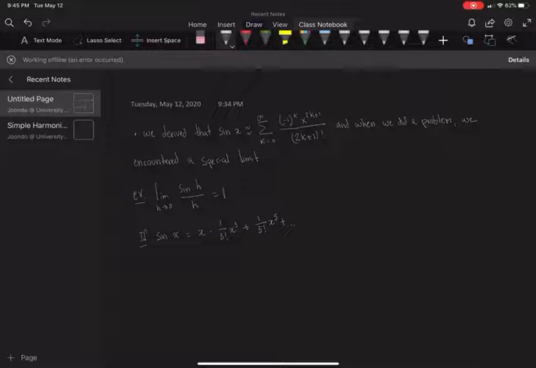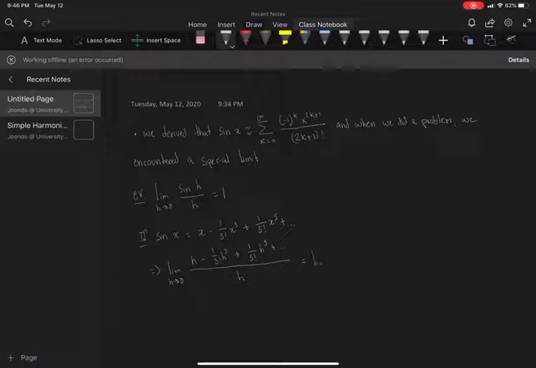Then obviously sine h is going to be just h minus, we replace every x by h, right? So we get the limit as h tends to 0 of h minus 1 over 3 factorial h cubed plus 1 over 5 factorial h to the 5th, and so on, over h, right? And if we see this, we can factor out an h.